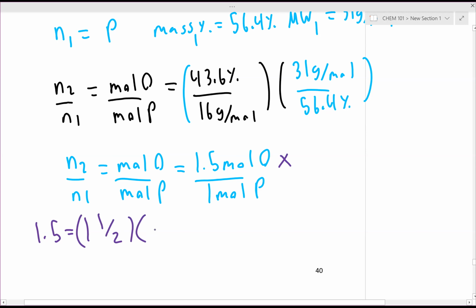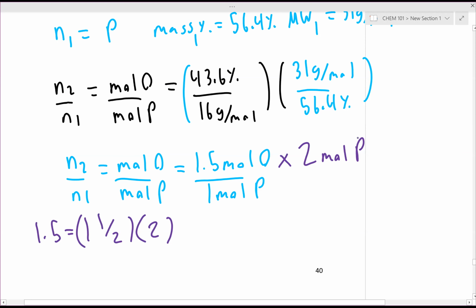So then, what do we have to multiply 1/2 by to get rid of the fraction, to get rid of the denominator? 2. So then, we're going to multiply this mole ratio by 2. And since we have moles of phosphorus on the bottom, what are we going to multiply? 2 moles of what? 2 moles of phosphorus. Does that make sense? Okay.